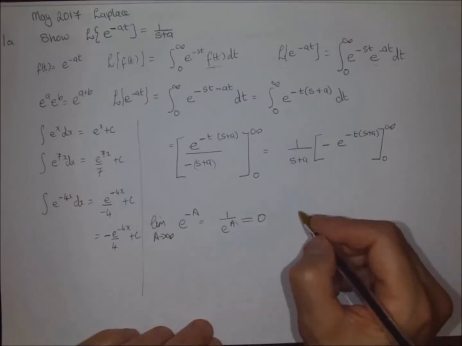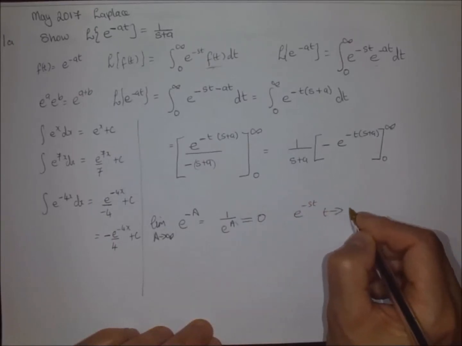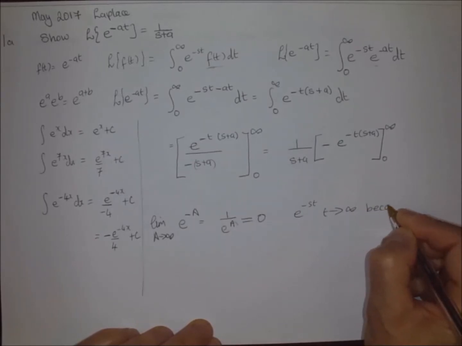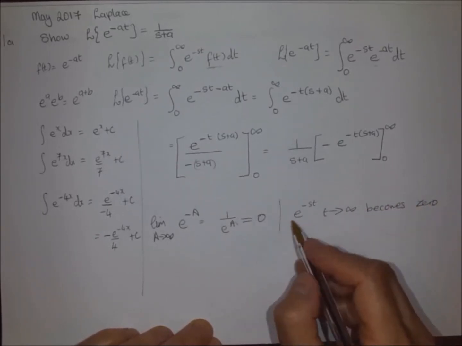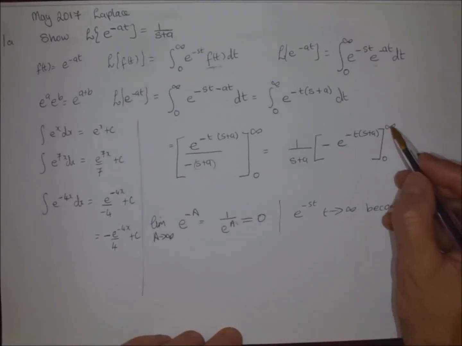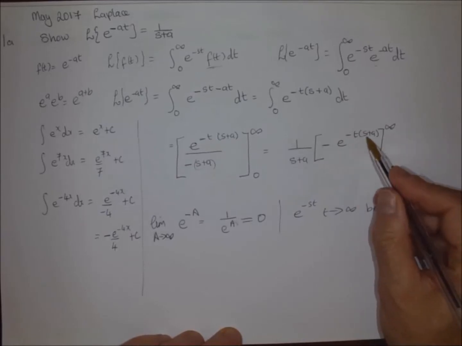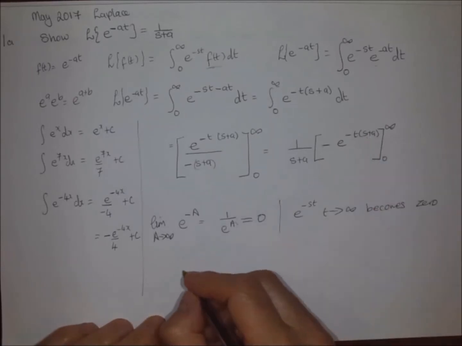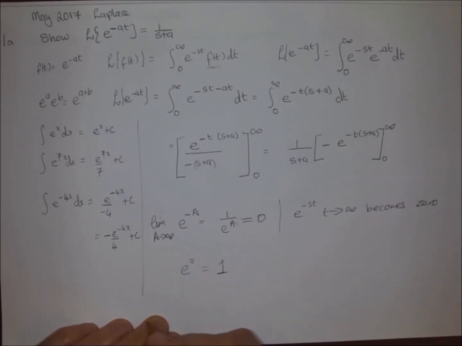So if you can just remember, e to the minus st as t tends to infinity becomes 0. If you put infinity in there, that's going to be 0. Now if you put 0 in there, that will be e to the power of 0, but anything to the power of 0 is equal to 1.